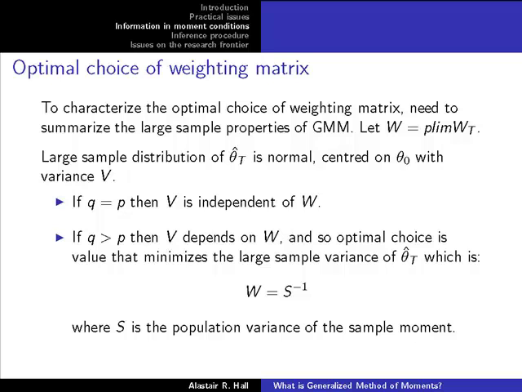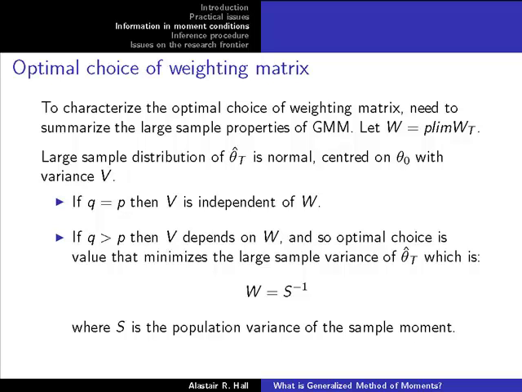Okay, so under very standard conditions, the estimator will have a large sample normal distribution. It's centered on the true value, and it's got some variance that we'll call V. Now, if Q is equal to P, where Q is the number of moment conditions and P the number of parameters, then that V doesn't depend on the weighting matrix that appears in the GMM minimand. The reasoning is simple: you recall we noted that if Q is equal to P, then GMM was the same as the method of moments estimator based on solving the sample moment conditions.